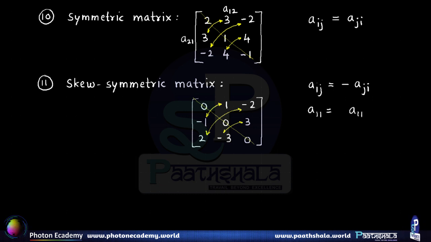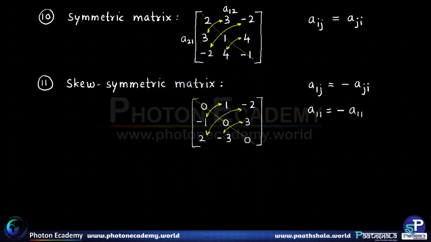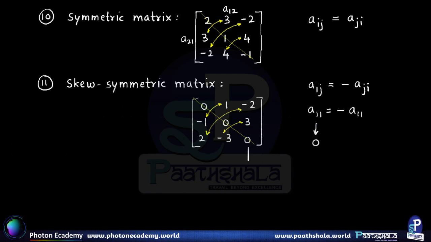Now if we want that element to be the negative of itself, the only value it can have is 0, because 0 is the only real number which can be thought of as the negative of itself. So therefore, in a skew symmetric matrix, the diagonal elements are always 0. It is very important to note that in a skew symmetric matrix, the diagonal is all 0.